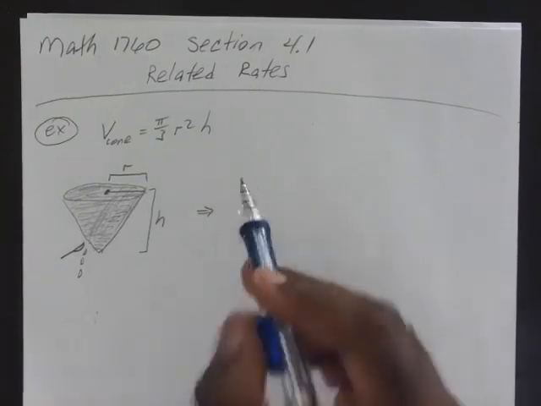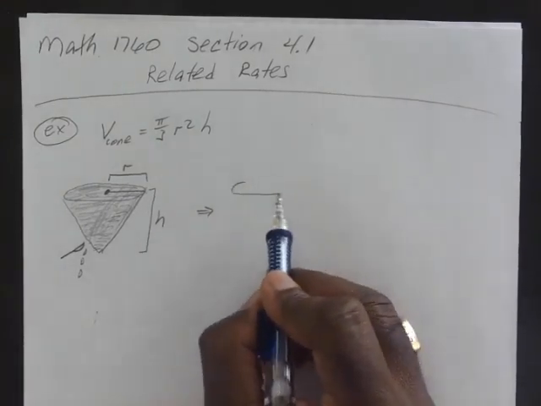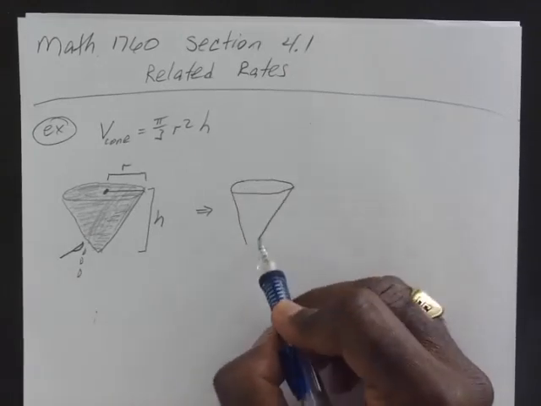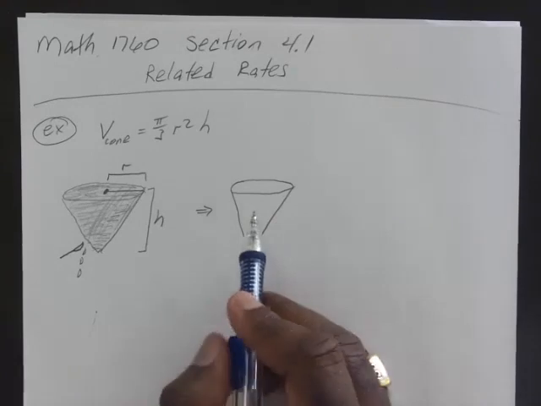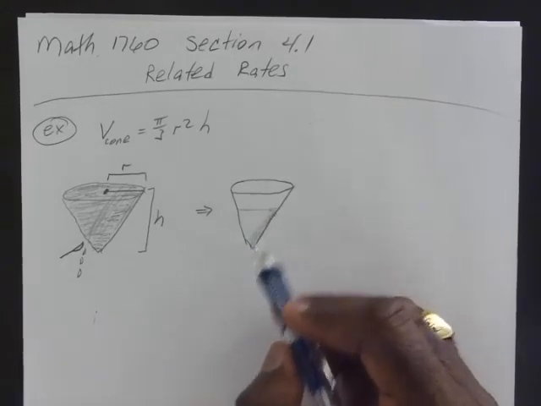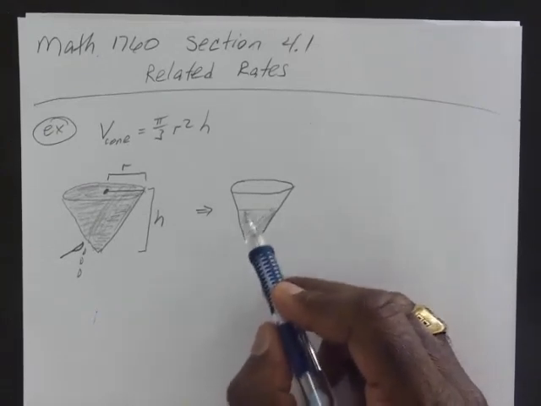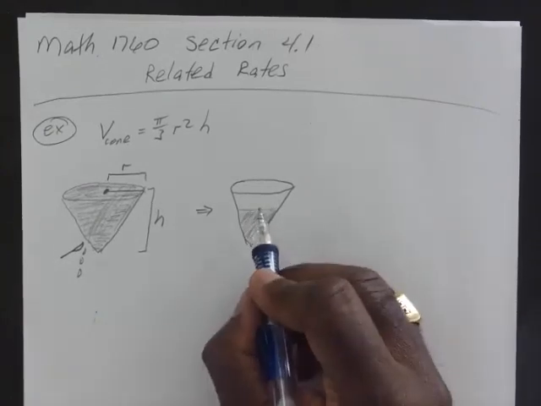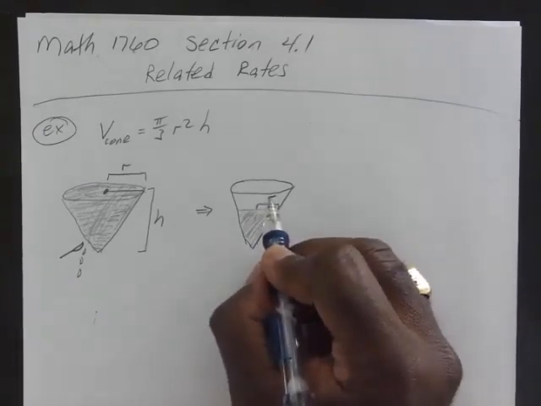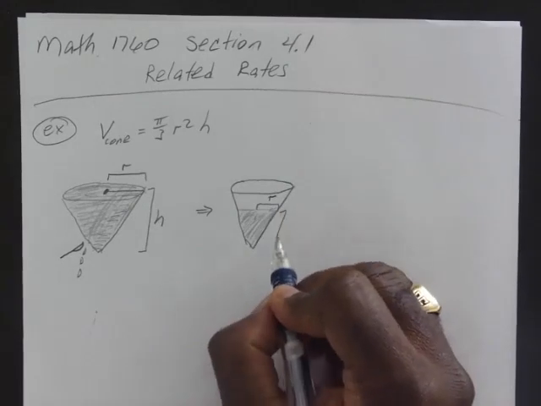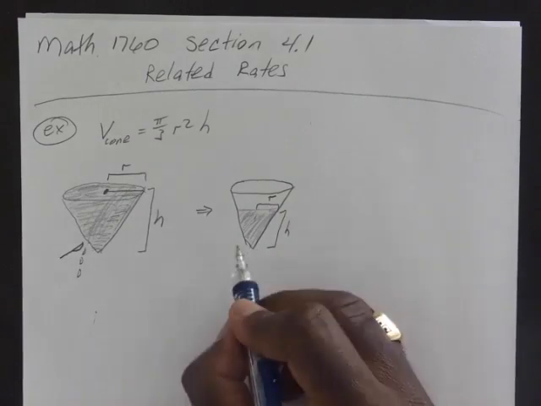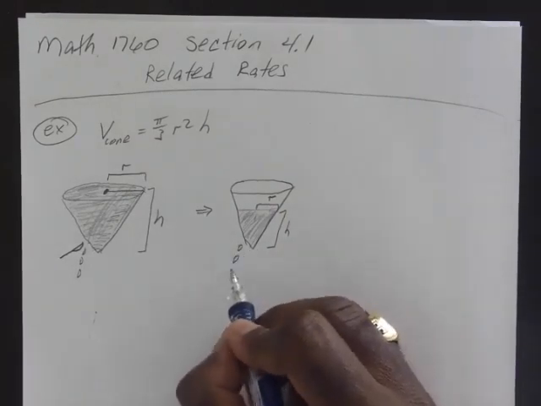Well, if that liquid is slowly dripping out, either slowly or quickly, then after a while, that liquid is only going to maybe come up to here, where your radius is now a little bit smaller and your height is a little bit smaller. And remember, that liquid is still just dripping out.